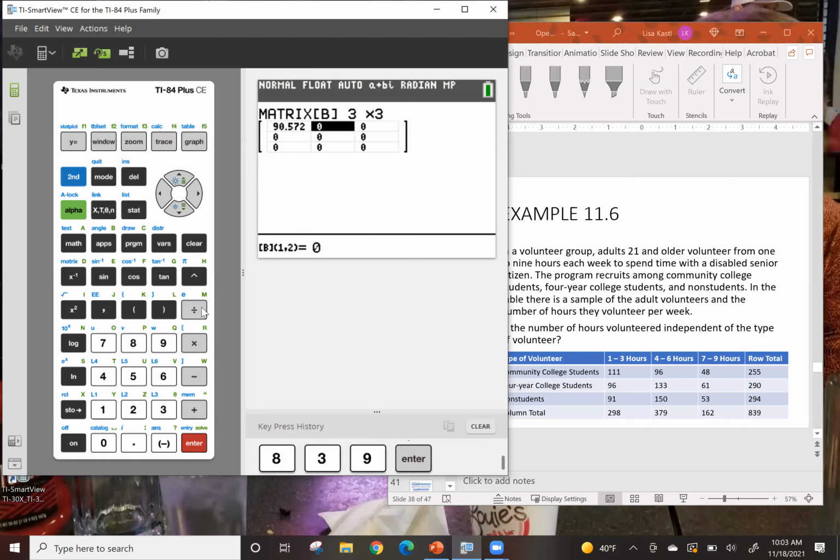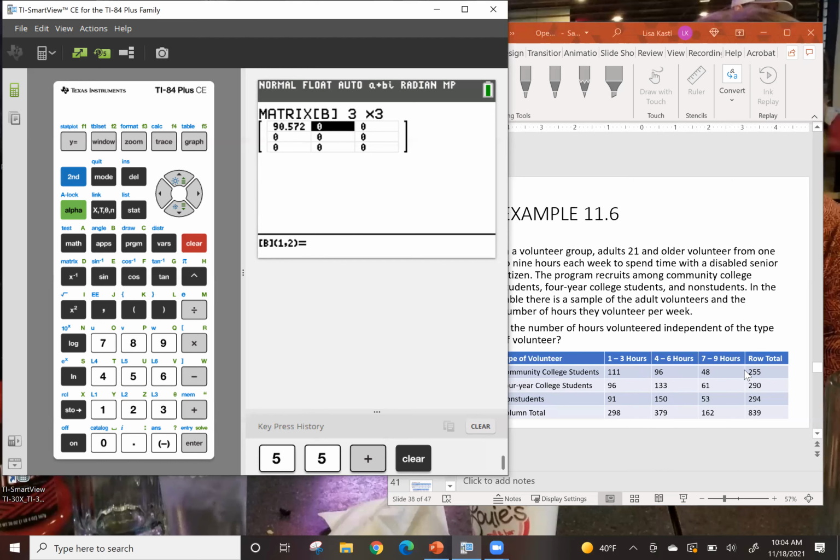And I do the second, the first row, the second category, the 4 to 6 hours, the same way. The row total is 255, times the column total for 4 to 6 hours, which is 379. Oh, I got a plus. Should be a times.